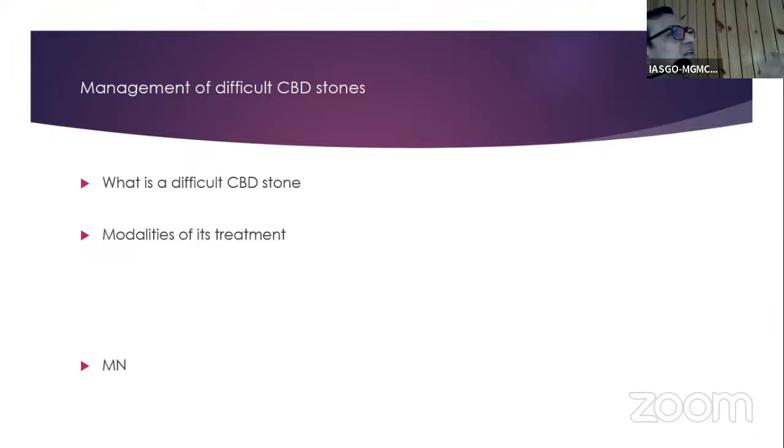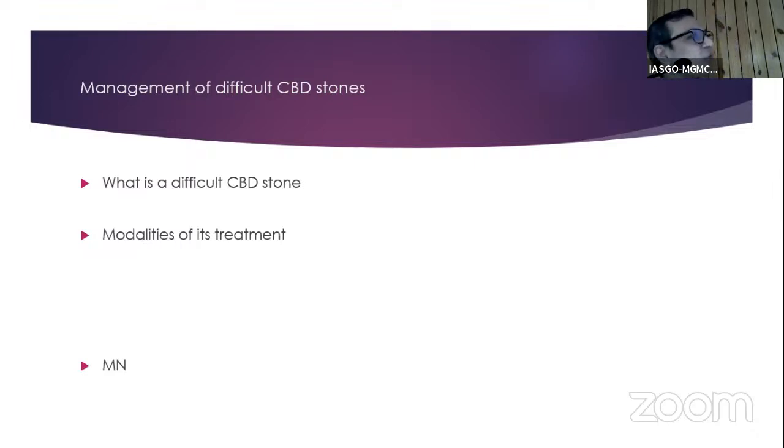So if we consider a situation where everything is available in terms of technology and expertise, the definition mentioned in literature is a difficult CBD stone which is not amenable to all kinds of endoscopic interventions and laparoscopy. That is the definition I had found.